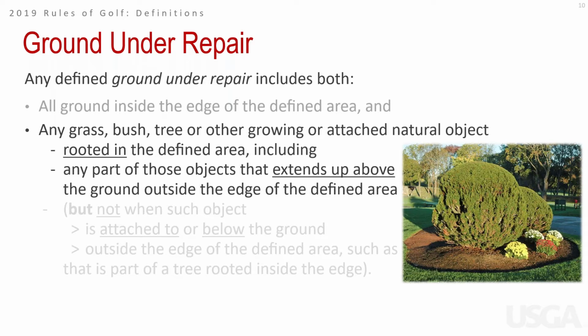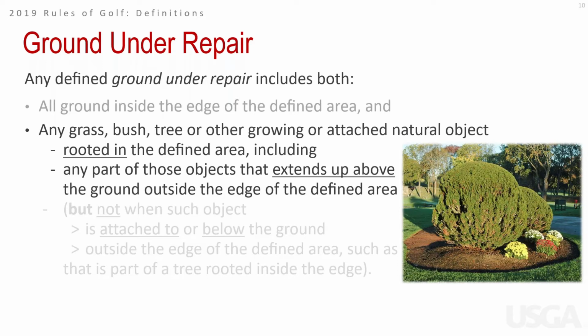So a lot of words, but what we're trying to say here is if a tree or a bush is growing in or is rooted in a defined ground under repair area and its limbs or branches extend outside that defined area, as long as it's rooted in there, we're going to give the relief as necessary.